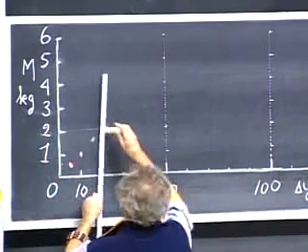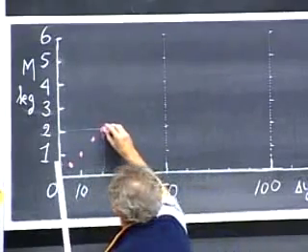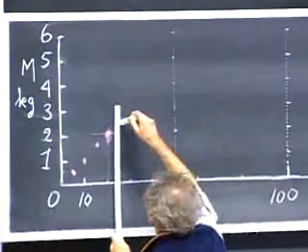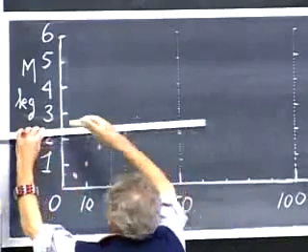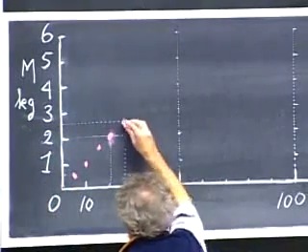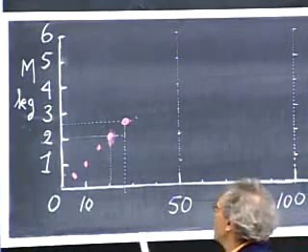So this was at... And then we have at 2.5, we have 25. Amazing how linear that is. And then at 3, we have 32.